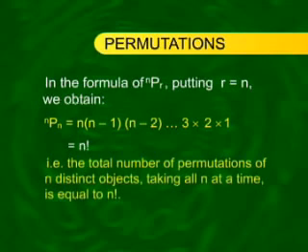That is, the total number of permutations of n distinct objects taking all n at a time is equal to n factorial.